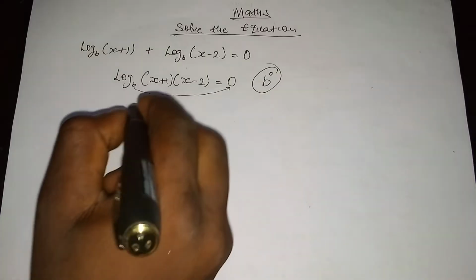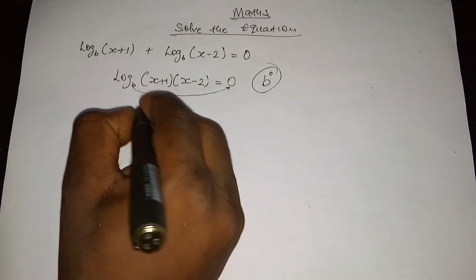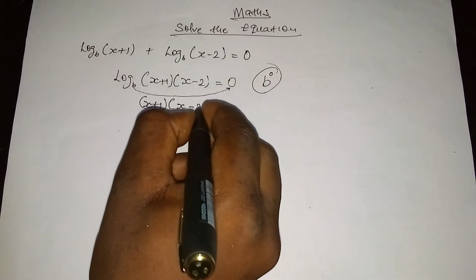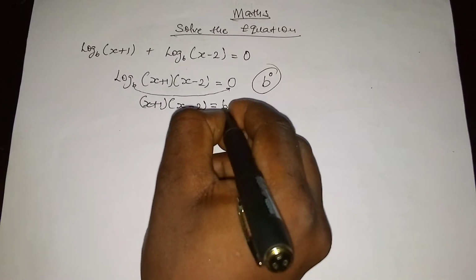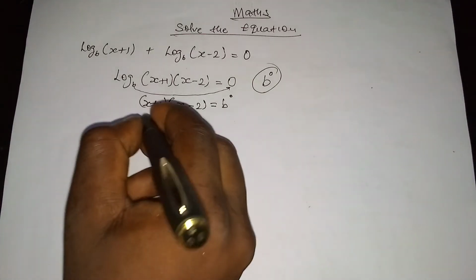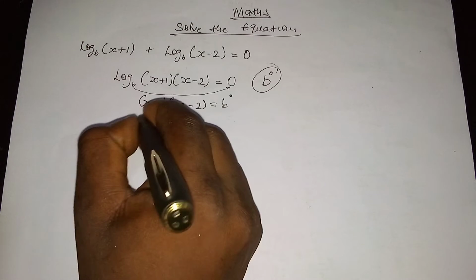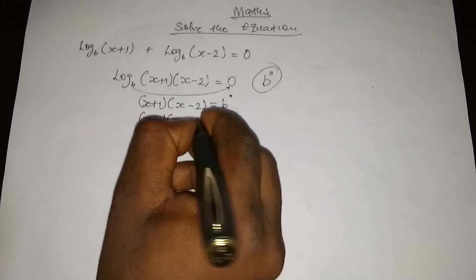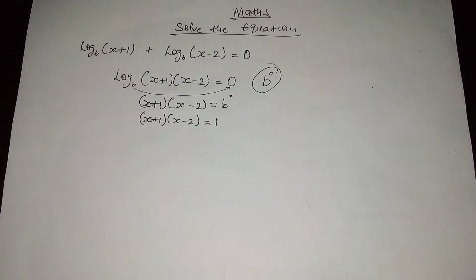So we'll have (x + 1)(x - 2) is equal to b raised to power of 0. And we remember our law of indices, that anything that is raised to power of 0 is equal to 1. So we'll have (x + 1)(x - 2) is equal to 1.